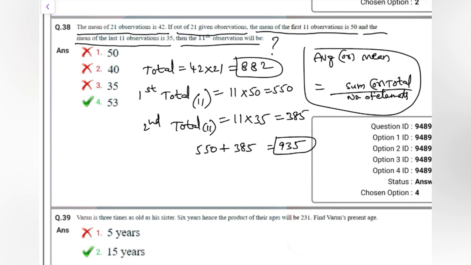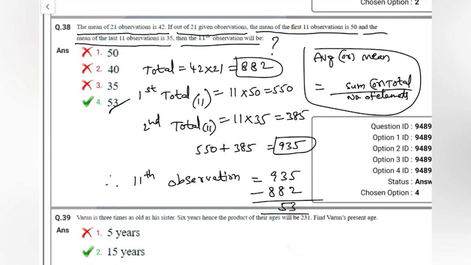Now we have to find the 11th observation. 11th observation is equal to 935 minus 882, which is equal to 53. So option 4 is correct.